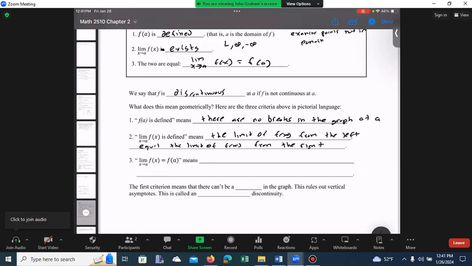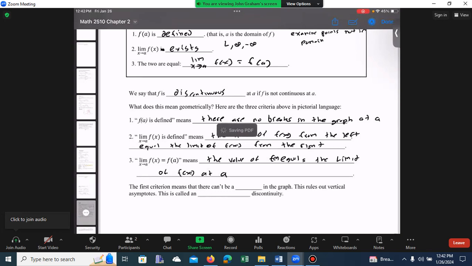And the last one, the fact that the limit has to equal f of a, means that the value of f equals the limit of f of x at a.